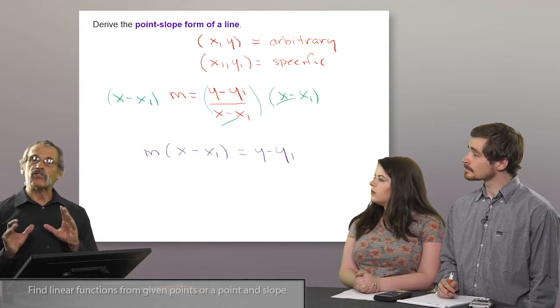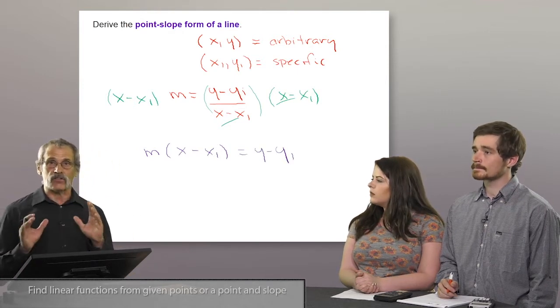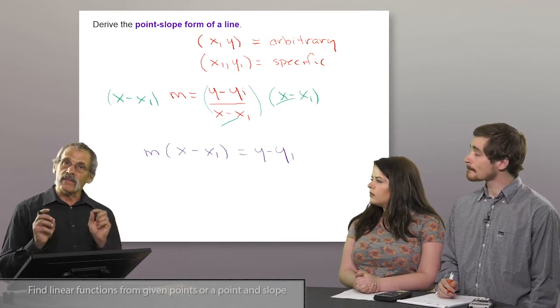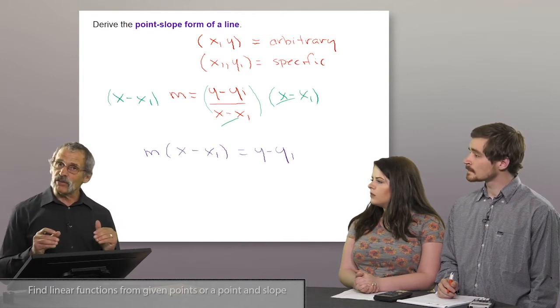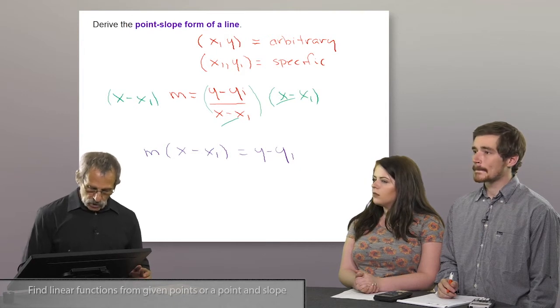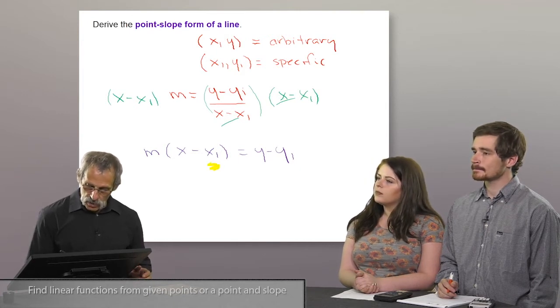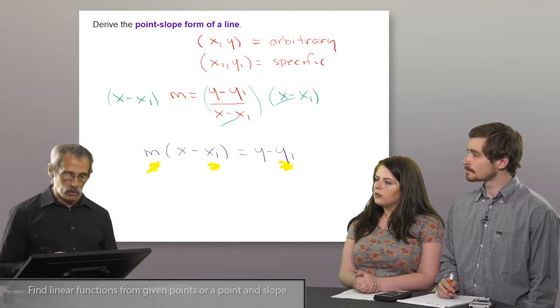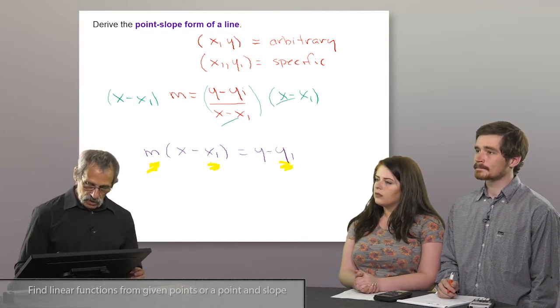This is your point-slope form of a line, where x and y are your variables, and x1, y1 is a point that's given to you. We would give you a way to get the slope, and the x and y would be the variables in the actual equation.